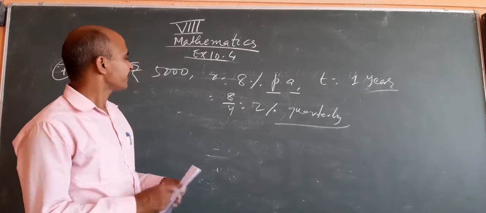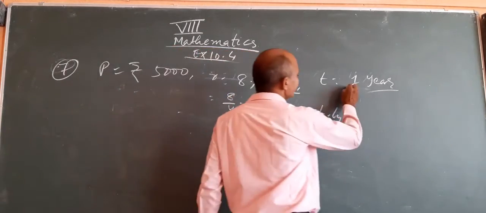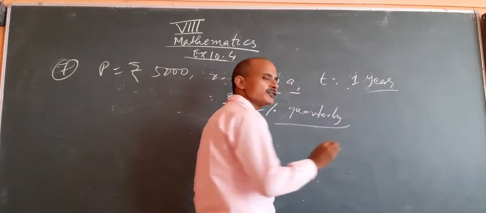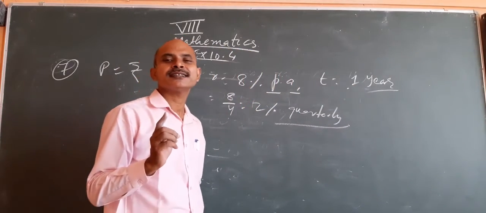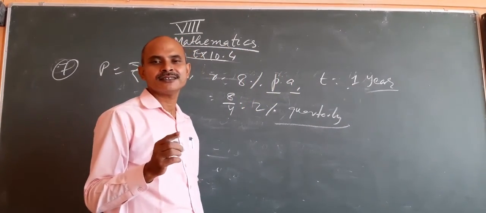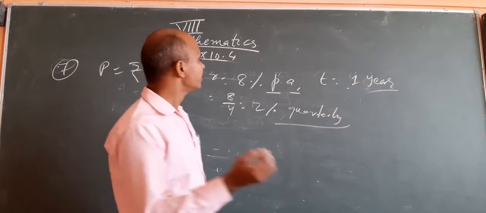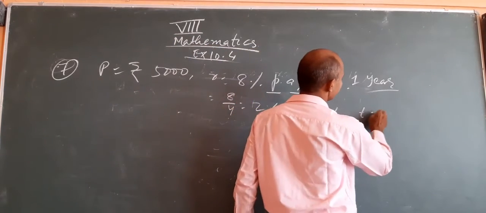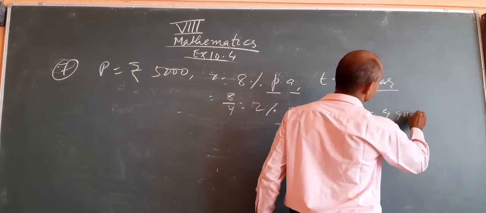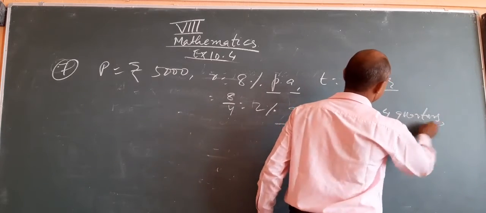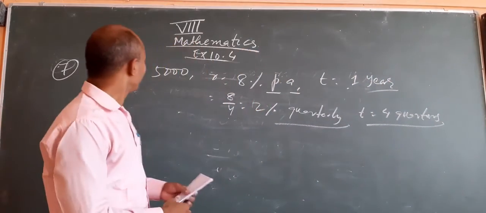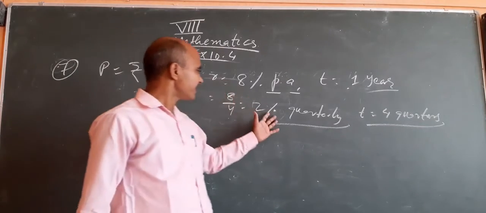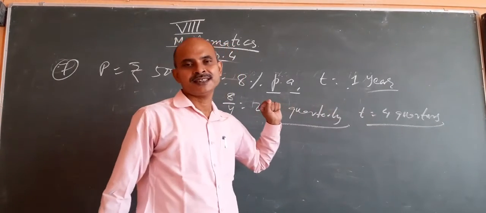Okay. Now time is 1 year, and 1 year is equal to how many quarters? 4 quarters. T is equal to 4 quarters. Now principal, rate, time.